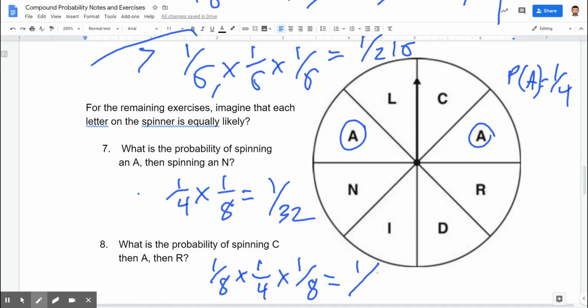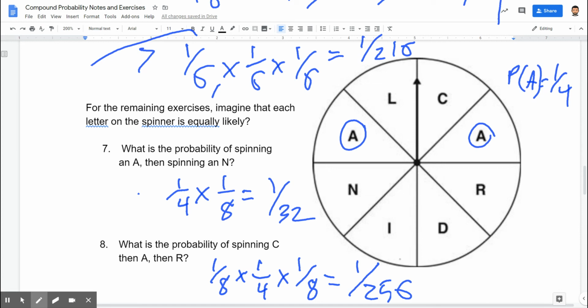So it's going to be 1 out of 8 times 4 is 32. Then I have to do 32 times 8. Let's think. 32 times 8. That's like 64 times 4, 256. So it's 1 out of 256 for that particular combination.